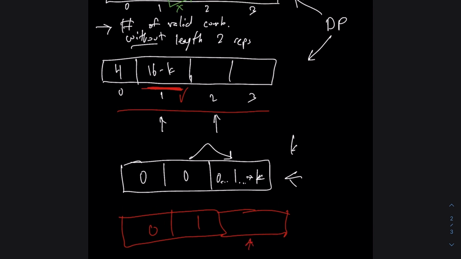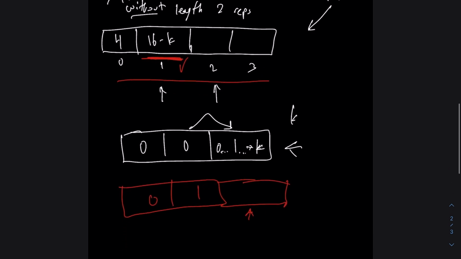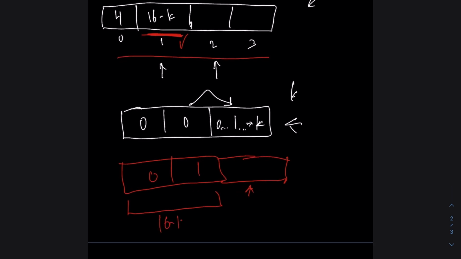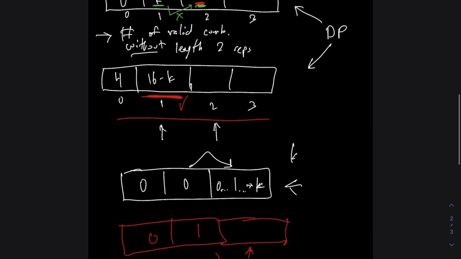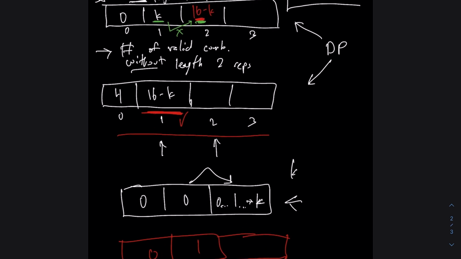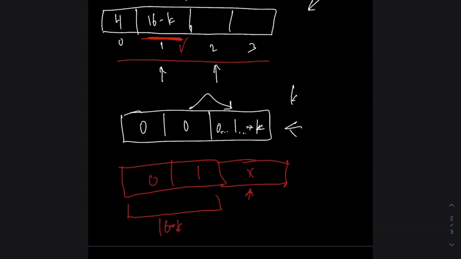If we add another number, the number of valid combinations with length 2 repetition at the end is equal to the number of numbers in this sequence. So in this case, because it's 16 minus k, in the next iteration, this value would also just be 16 minus k. The only way to achieve length 2 repetition at the end is for this x value, this next color, to match this color. So it does not provide any new combinations.